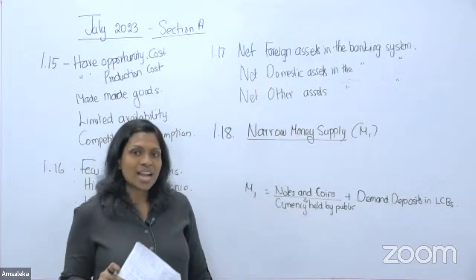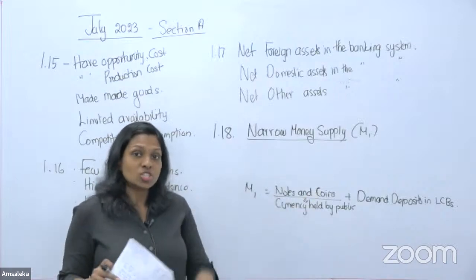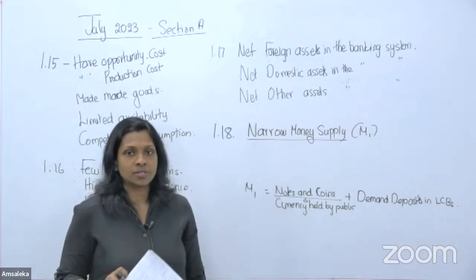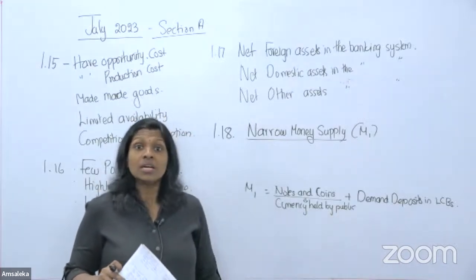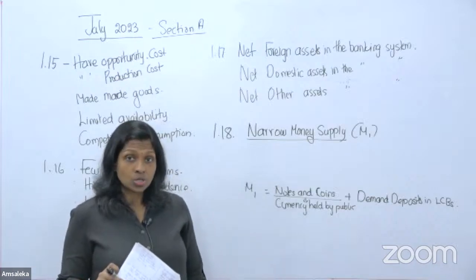Basically, these two are for transaction motive, to buy and sell goods. That's why we keep money, and the demand deposit also, it's about the business related account.